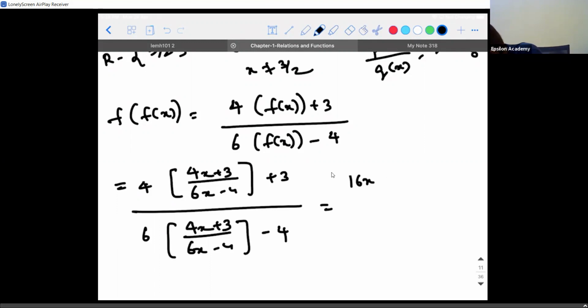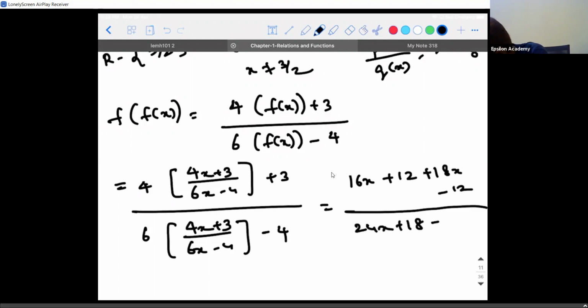The final answer will be x. 16x, you should get it actually. That's what they're asking you to do. 16x plus 12 plus 18x minus 12, the whole divided by 24x plus 8x minus 24x plus 16.